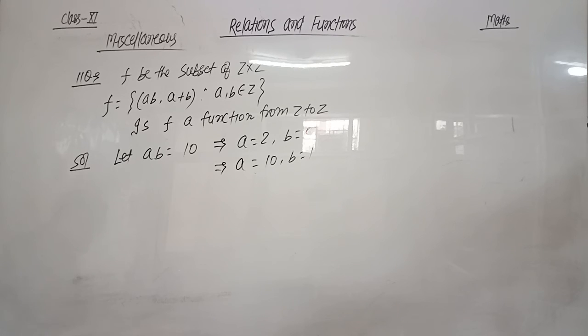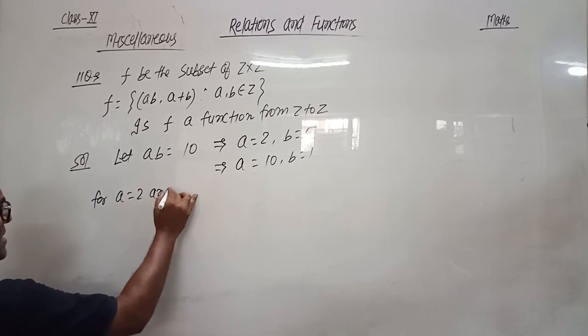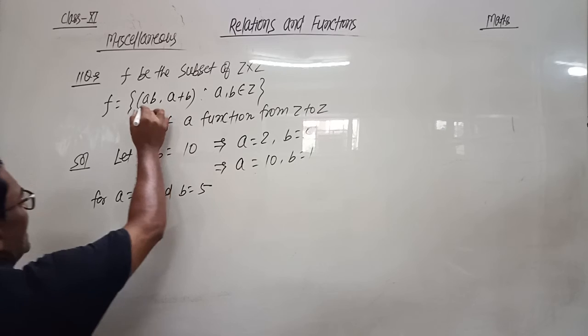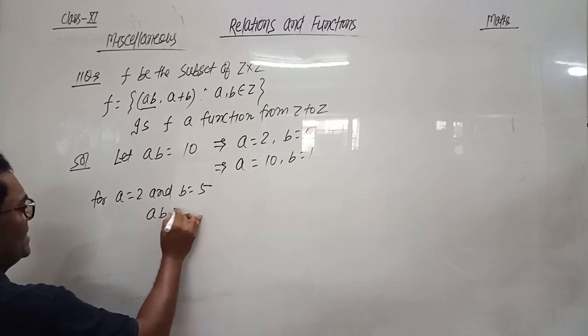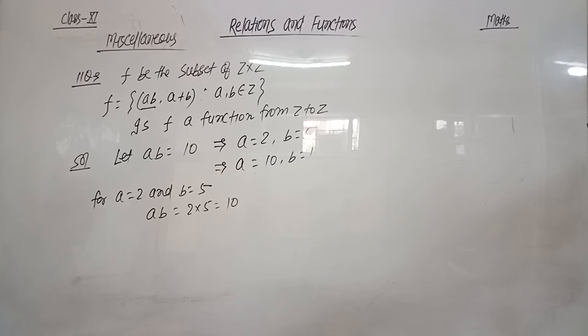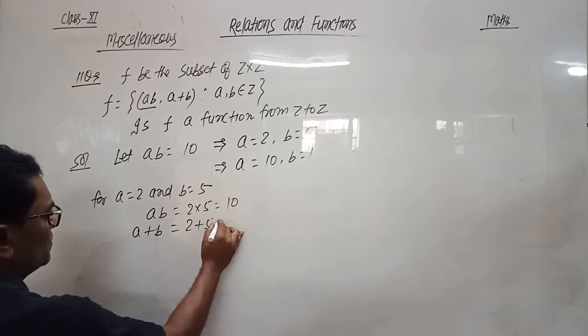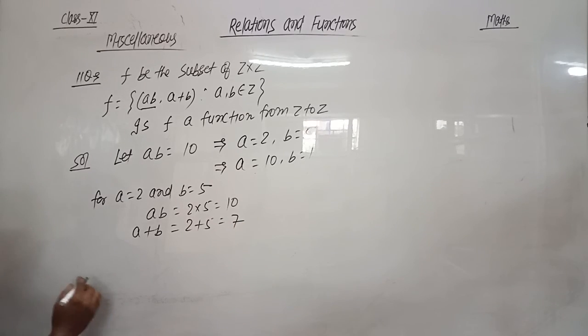Now for a equals 2 and b equals 5, let us find ab. a into b is 2 into 5, which is 10, and a plus b is 2 plus 5, which is 7.